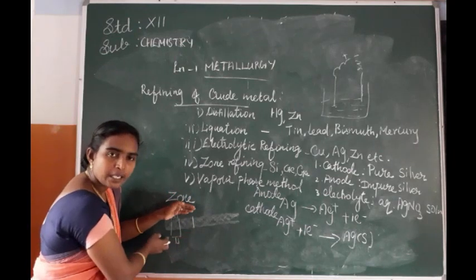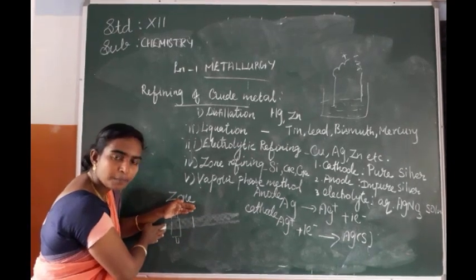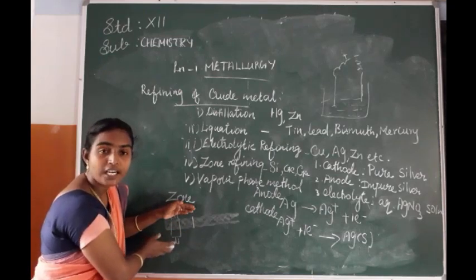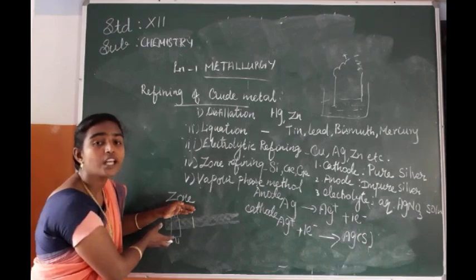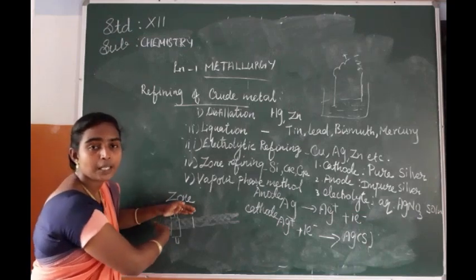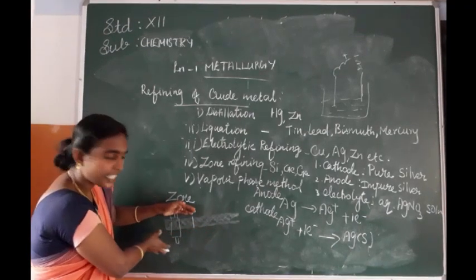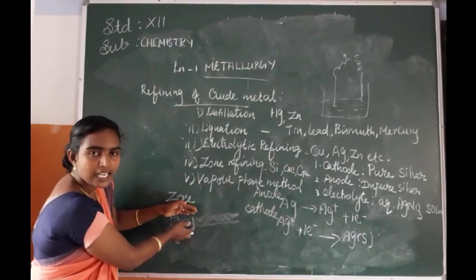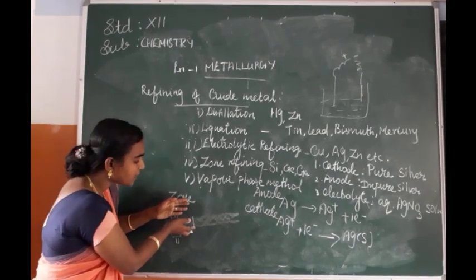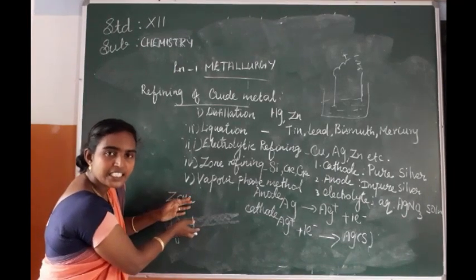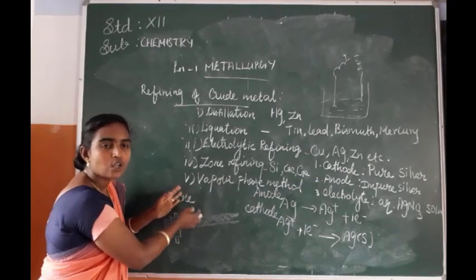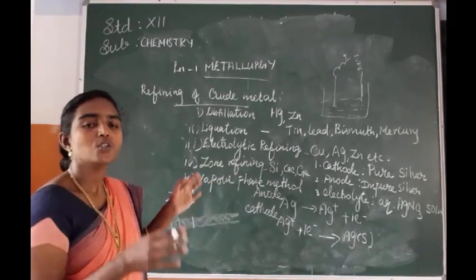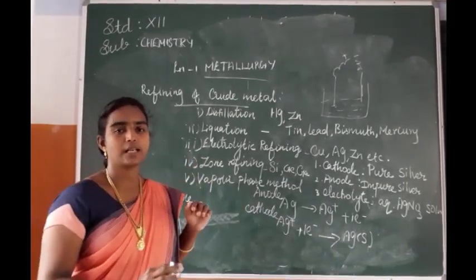Then immediately the impurities come along with the heater. They will not be left behind. Only pure metal will solidify afterwards, because we are removing the heat, isn't it? So here pure metal will be solidified, but the next region will start to melt. Then from here also the impurities are swept from this region to the next region. So like this, when we do the zone refining method 2 or 3 times, finally we can get the pure metal. Is it clear?